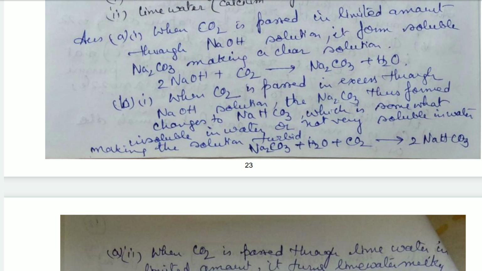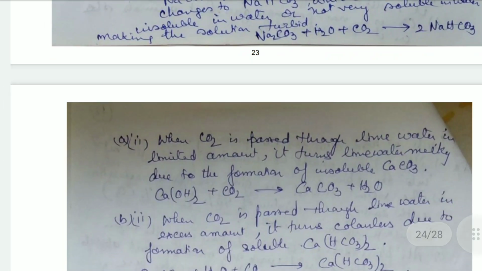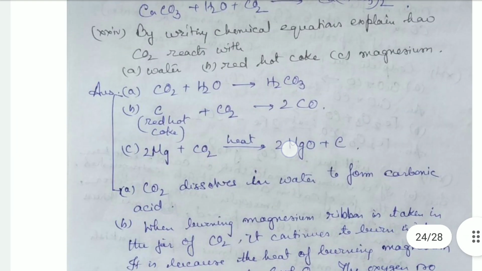But in case of lime water, when a limited amount of carbon dioxide is passed through, it will turn the lime water milky. But when an excess amount is passed through, it will change into a clear, colorless solution due to the formation of calcium hydrogen carbonate, which is soluble in water.